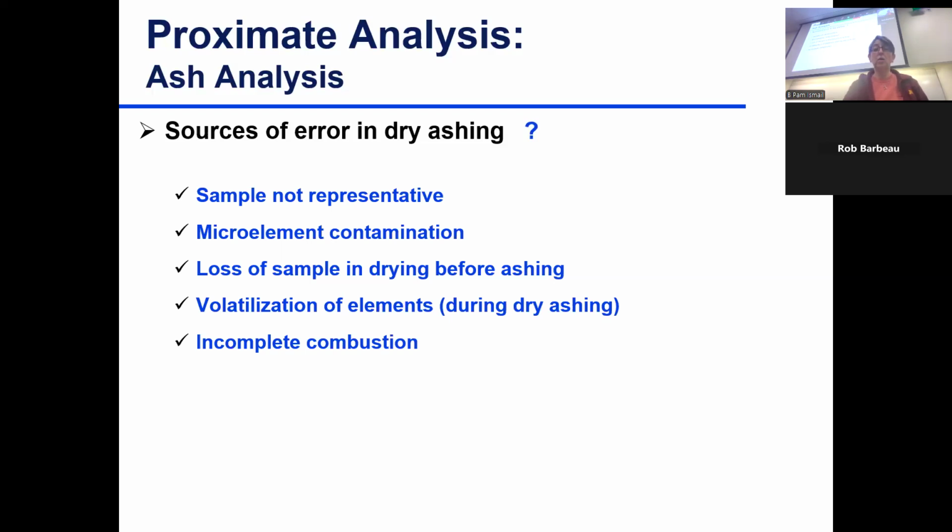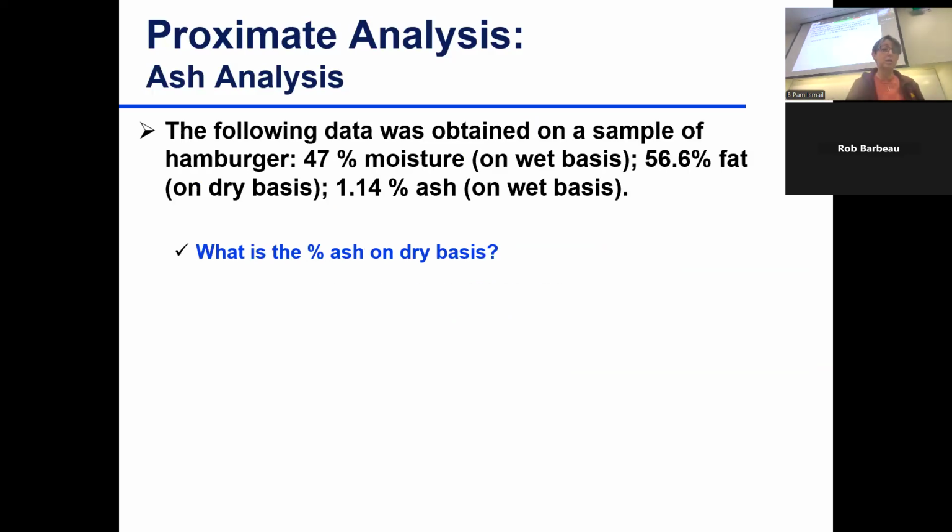Okay. Pull out a piece of paper, write your name on it, and then you'll do a couple of calculations for a plus two, and you'll give those to Nigel at the end. So try to solve for ash content on dry basis. The information here: you have a hamburger sample.